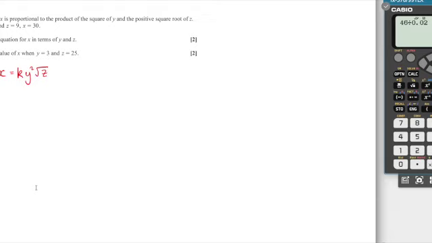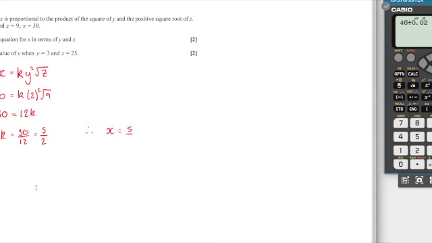So we've got x is k lots 2 squared root 9, so 30. 2 squared is 4, root 9 is 3, so 30 is 12k. 30 over 12, which is 5 over 2. So, therefore, x is 5 over 2 y squared root z.